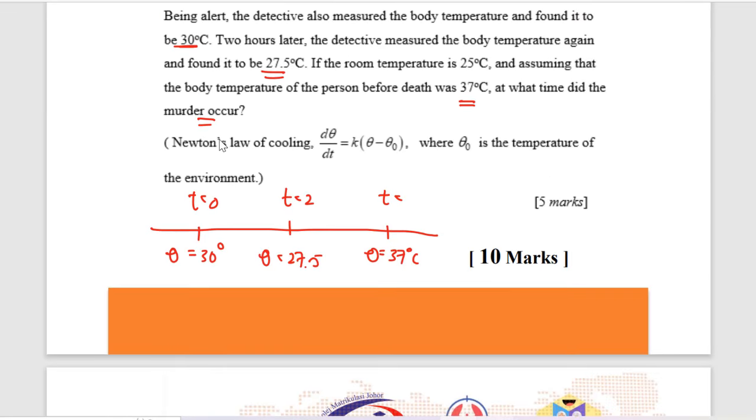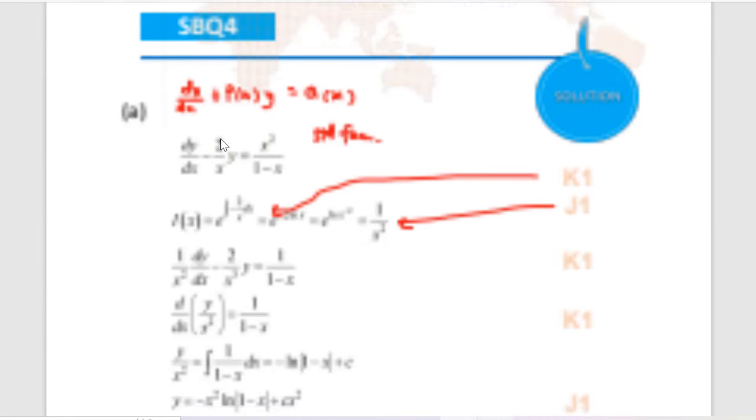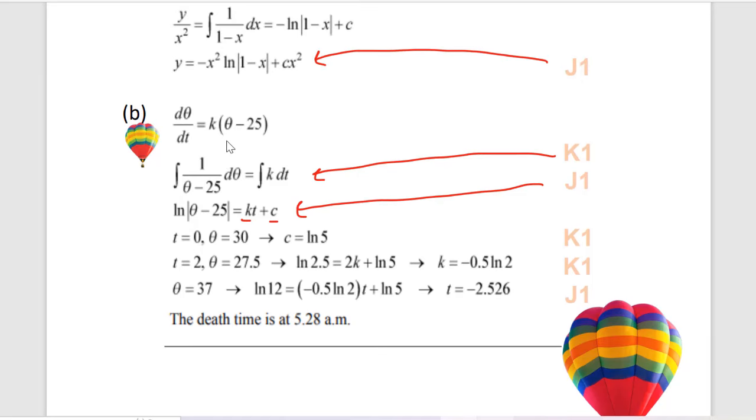Okay, so gantikan bila t sama dengan 0, θ sama dengan 30, t sama dengan 2, θ sama dengan 27.5. So bila gantikan, this one awak dapat C equals ln 5, and then bila gantikan t equals 2, θ equals 27.5 ni awak dapat K equals negative 0.5 ln 2. So okay, ini dapatkan C dengan K ni awak dapat satu markah K1.